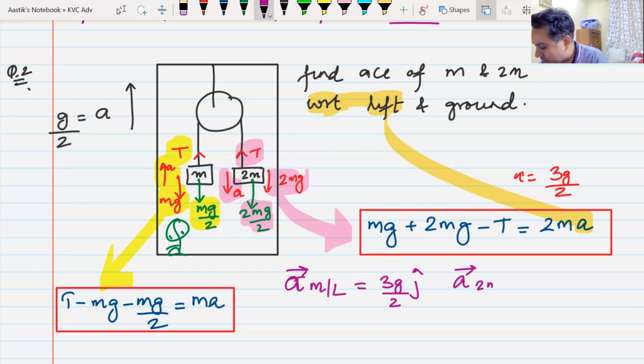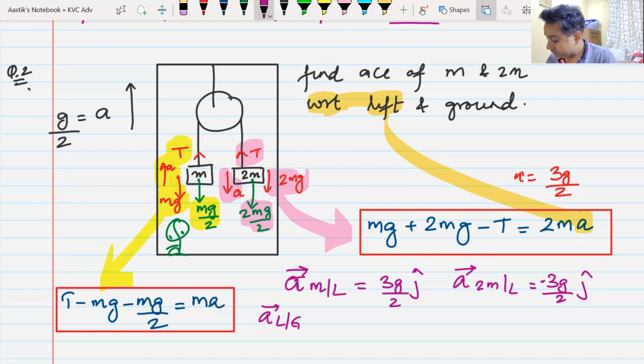Acceleration of 2m mass with respect to lift is 3g by 2 in the downward direction, so I write it as minus 3g by 2 in the direction of j. Acceleration of lift with respect to ground, it is moving up, so its acceleration is g by 2 along j.